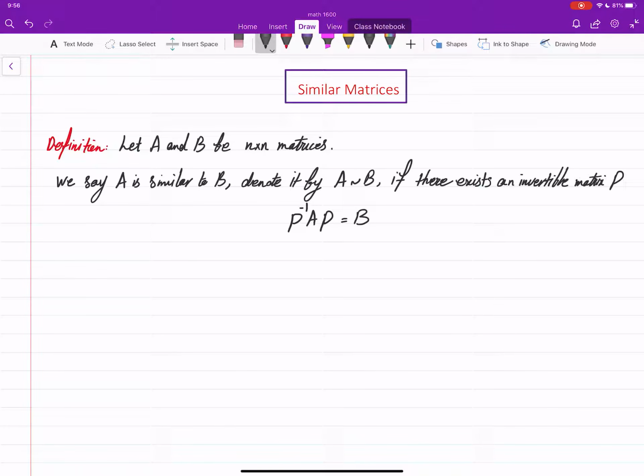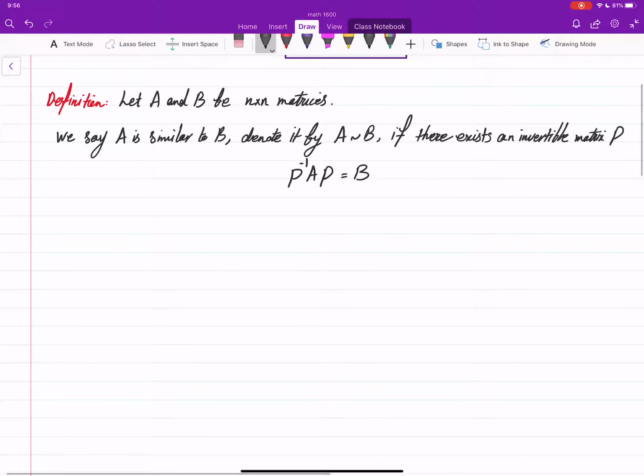So if we sandwich A between the inverse of P and P itself, we get B back. Well, this is a relation, and usually checking this is not easy, but let's see some examples in which we will do some work related to the similarity.